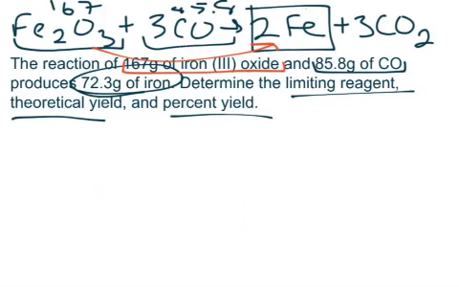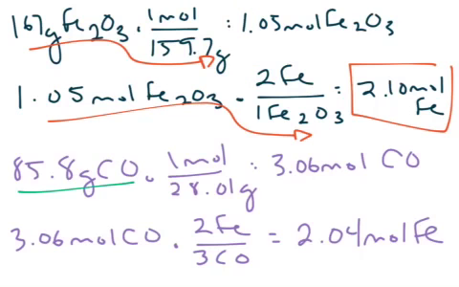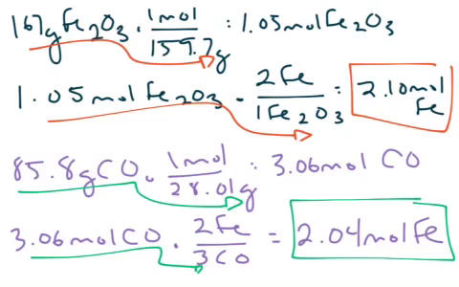Second step is to take the next number, which is the mass of the other reactant. We're going to take 85.8 grams of carbon monoxide, turn it into moles, then do stoichiometry to see how much iron it would make. So the amount of carbon monoxide we have could make 2.0 moles of iron, while the amount of iron oxide that we have up here could make 2.1.